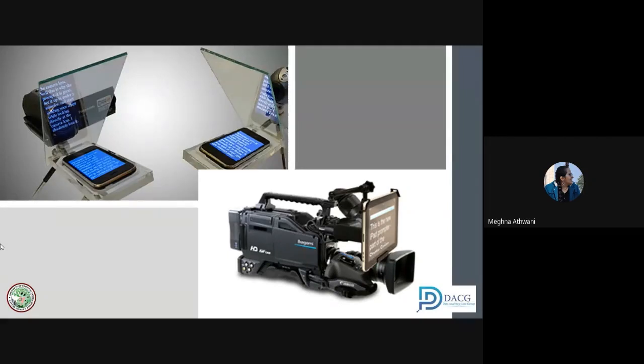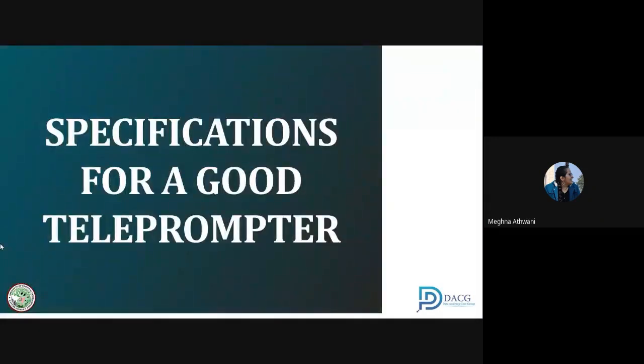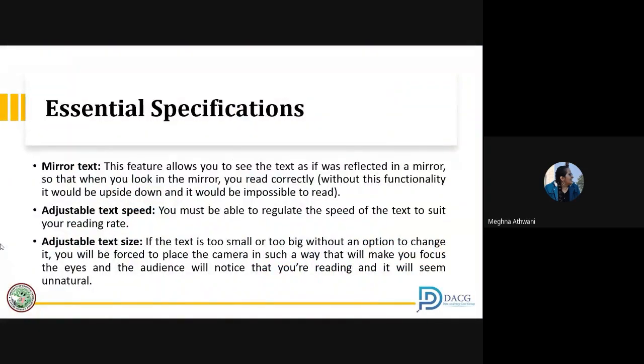But again, that is not a formality. You can always do it better even without it. So the first essential specification is mirror text. Normally, all the softwares allow mirror text. In fact, free softwares also allow mirror text. So this feature allows you to see the text as if it was reflected in a mirror. Exactly.